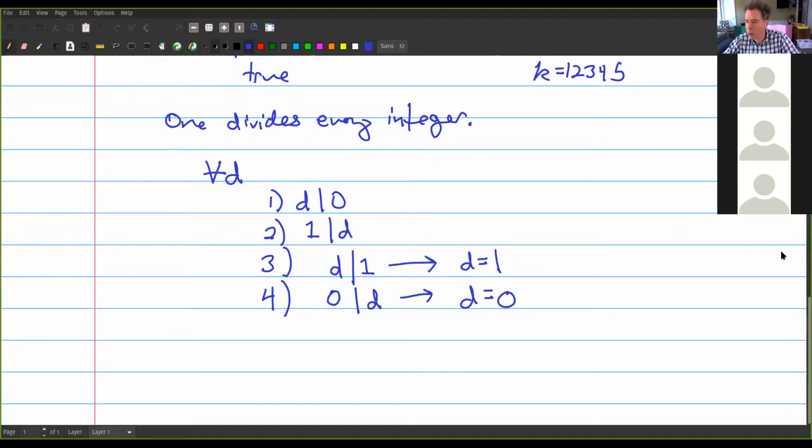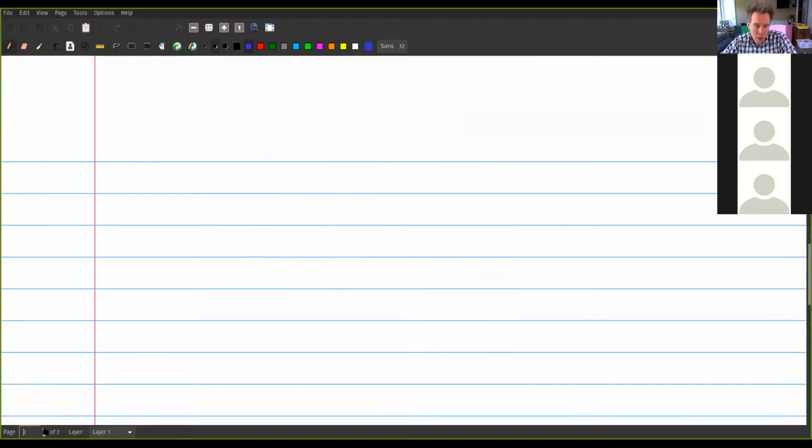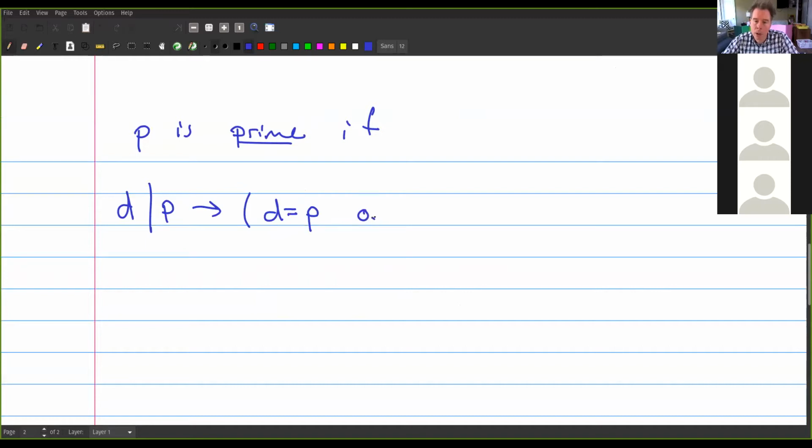Okay, so we're going to be doing a lot with prime numbers. Let me go to a new page here. So P is prime if D divides P implies that D is equal to P, or D is equal to 1.